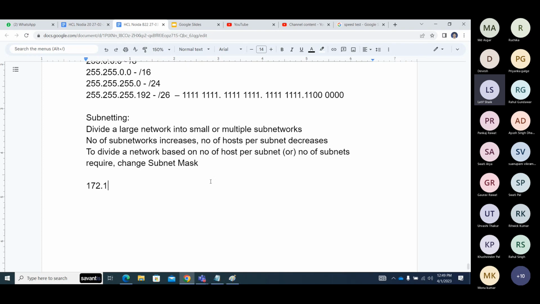Take a simple example, 172.16.12.10 with 255.255.0.0. What is the network ID? 172.16.0.0 is my network ID.